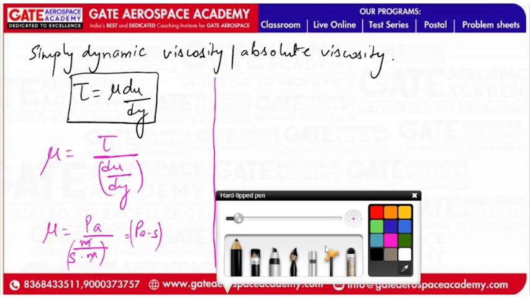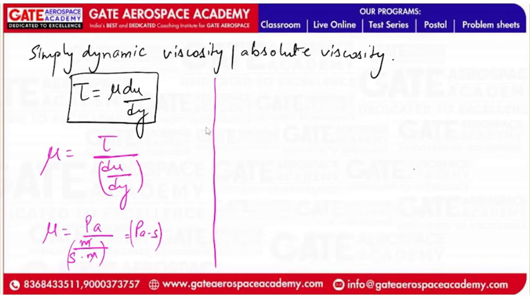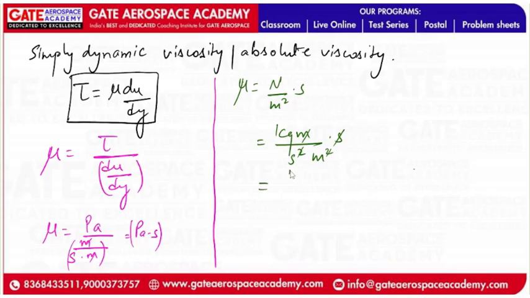Also, if we see it in a bit more depth, Pascal second can also be written as Newton per meter square into second, which can be further written down as, Newton is kg meter per second square, and this is meter square and this is second. So, one meter goes out, and what we have instead is kg per meter second.